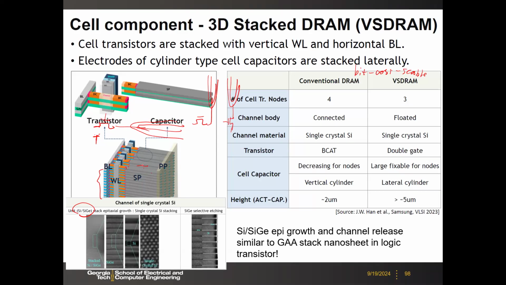So no matter how many layers you fabricate, you want to use one critical litho to do the patterning and etching. Otherwise, if you fabricate the 1T1C layer by layer and use a litho to pattern every layer, your cost will go up linearly with the number of layers.